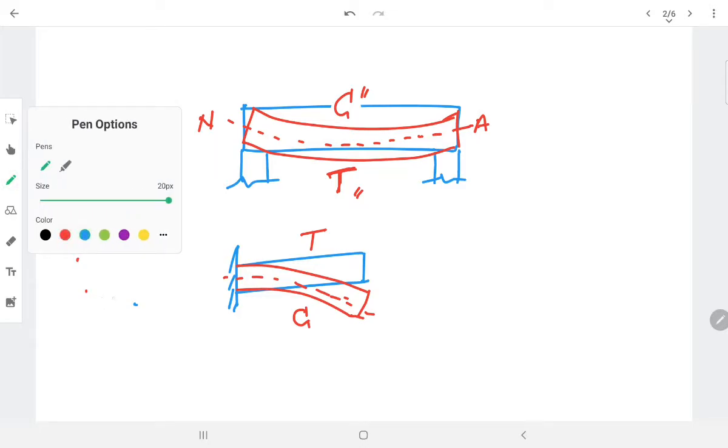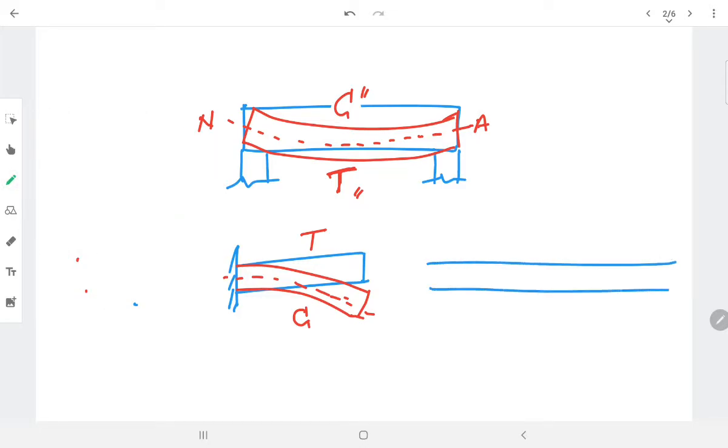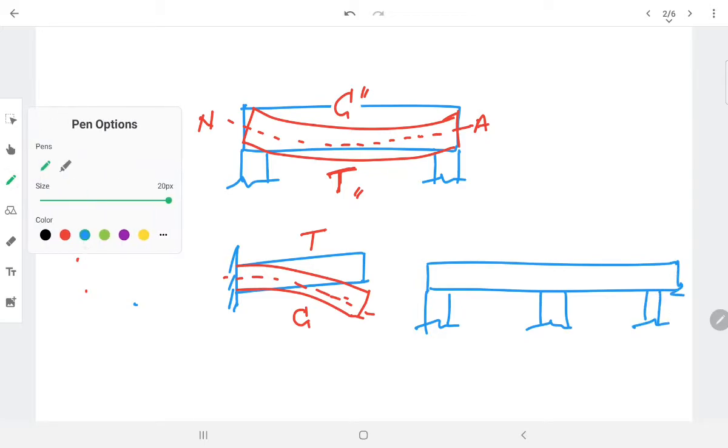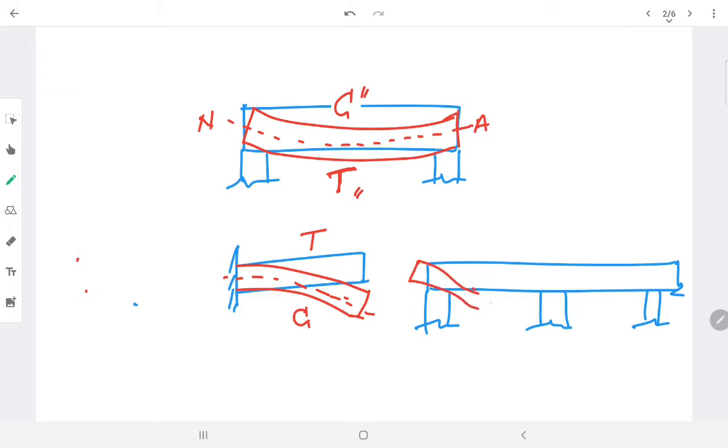And when it comes to a continuous beam over several supports, the beam will bend in this manner.